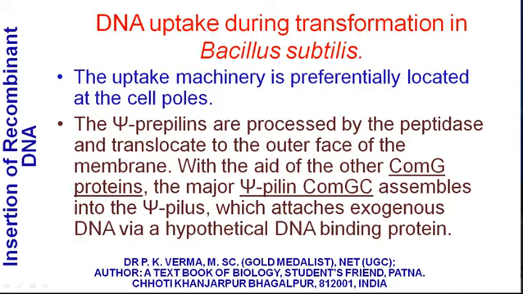With the aid of the other ComG proteins, the major pilin ComGC assembles into a pilus, which attaches exogenous DNA via a hypothetical DNA binding protein. So, at least two complex proteins are responsible for binding of the exogenous DNA on the surface of the cell.